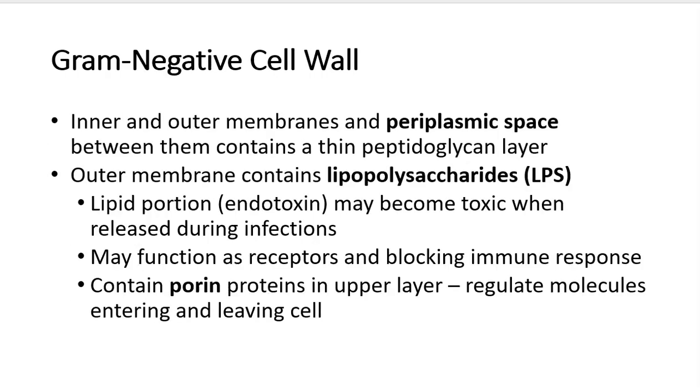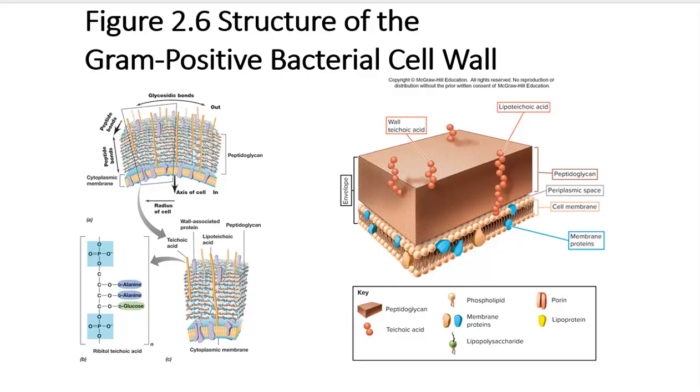Gram-negatives. So here's your gram-positive. You have this very thick layer, you can see this teichoic acid hanging out there. But here's that peptidoglycan layer. And then you have a space, this periplasmic space. And then you have the cell membrane. We'll talk about that, but that's where your cell membrane is.